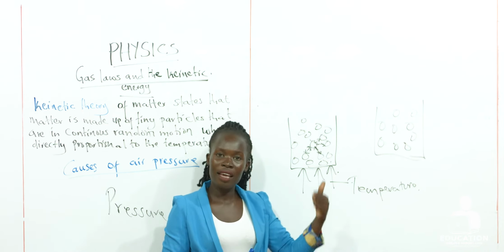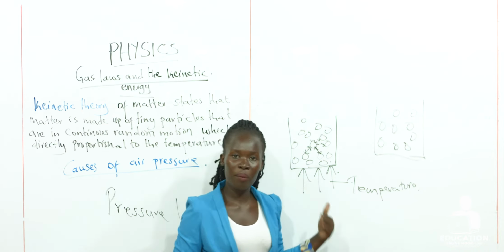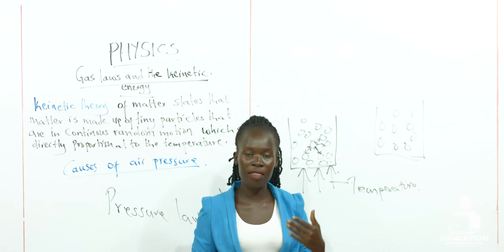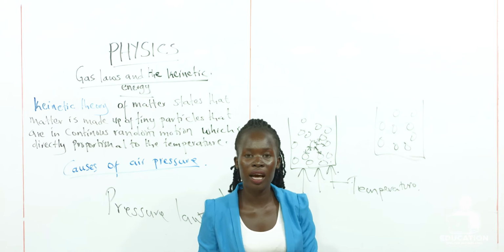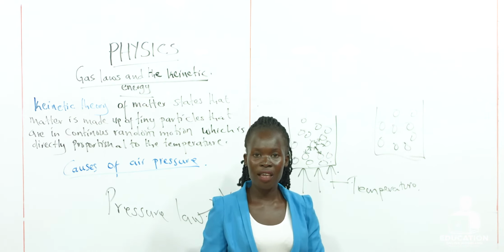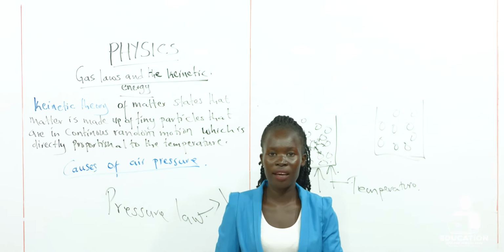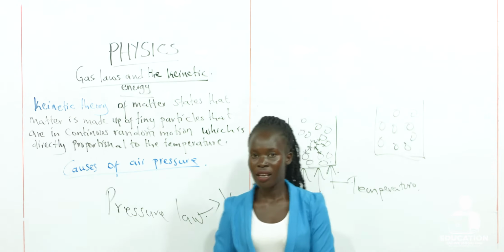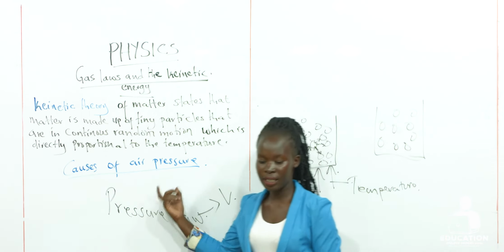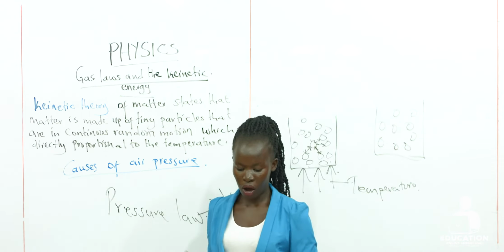So that means that the rate of change of momentum between the molecules, or between the molecules and the wall of the container, is reduced, and that automatically reduces the pressure that the gas would exert. So that is the explanation of the pressure law using the kinetic theory of matter.